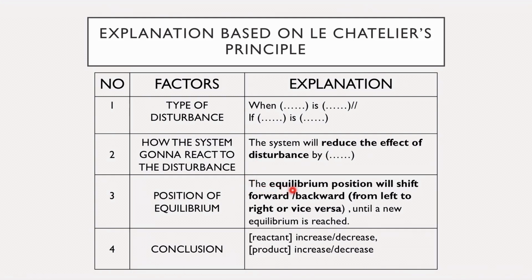So the equilibrium position will shift forward or backward, or you can say from left to right or from right to left, until a new equilibrium is reached or until equilibrium is re-established. And then you conclude by stating the concentration of your reactant and your product. Will the concentration increase or decrease? This explanation is what you can use. It should be along these sentences. As long as you deliver the point and it is close enough, then it's okay.